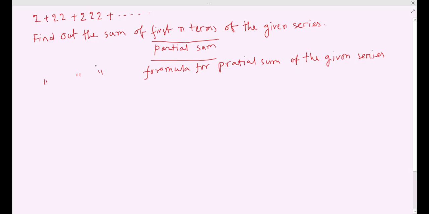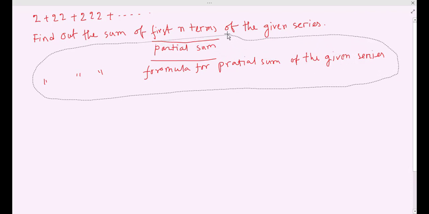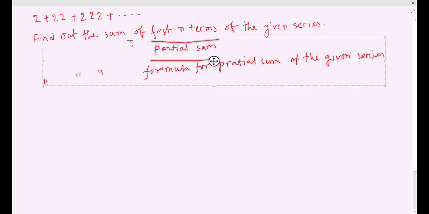So you might be asked like this. What you have to do is find out the sum of first n terms of the given series. This is the objective. You will learn how to find out the partial sum, or the formula of the sum of first n terms of the series.